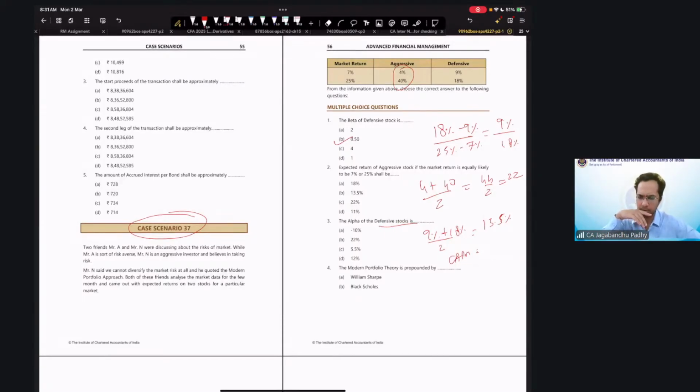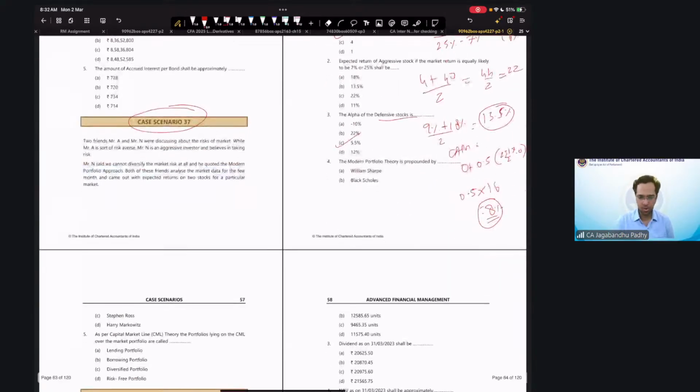So CAPM will be 0 plus 0.5 into market return, which is 25 plus 7 by 2, minus 0. So this is 0.5 into 32 by 2, 16. So that's 8%. So CAPM return is 8% and your expected return is 13.5. So the difference is alpha of 5.5, assuming the risk-free rate to be 0. Okay.